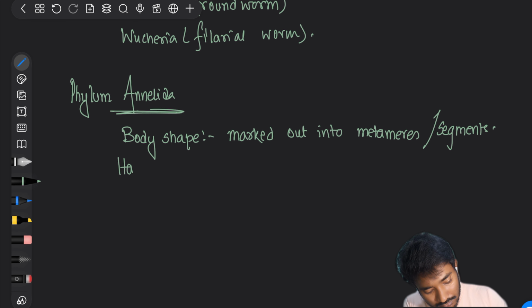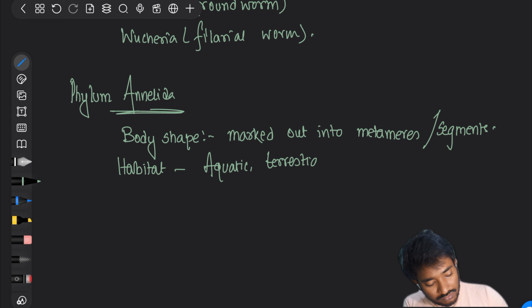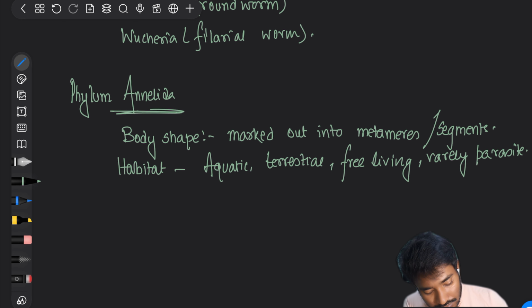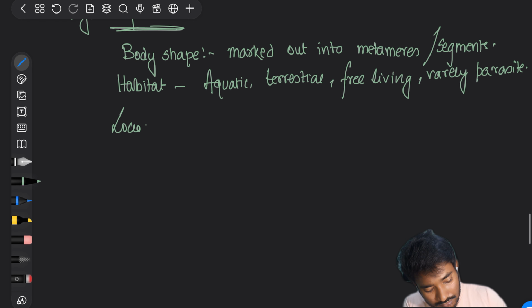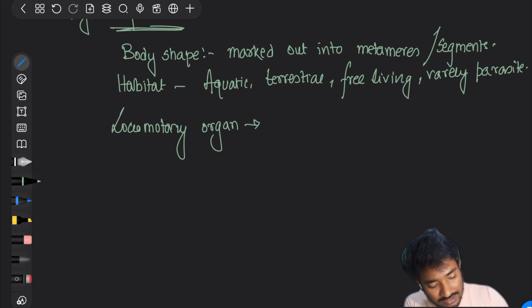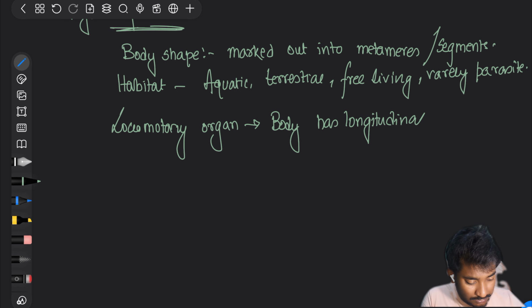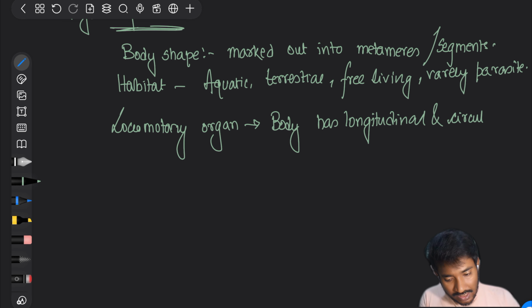Habitat: aquatic, terrestrial, free living, rarely parasite. Locomotory organ: body has longitudinal and circular muscles. Okay.